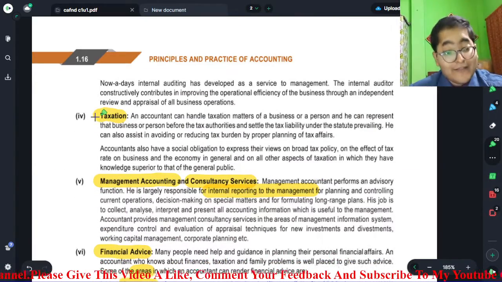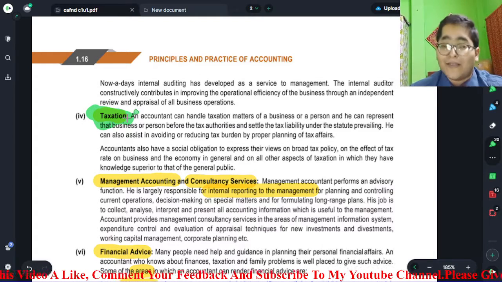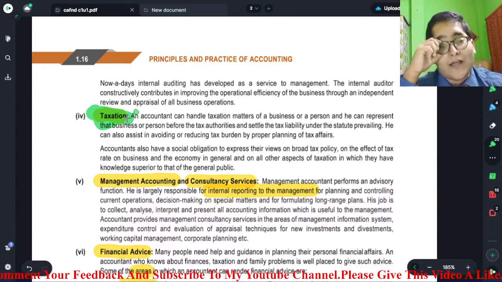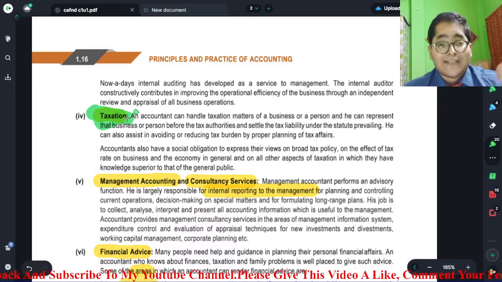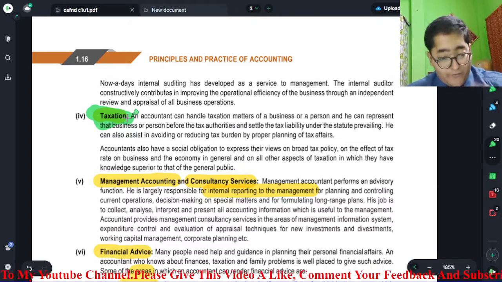Taxation: the taxation imposed by the government is looked after by accountants, right? What amounts of taxes are to be paid, what is the profit amount, on what percentage taxation has to be paid, what are the provisions for taxation which need to be followed.